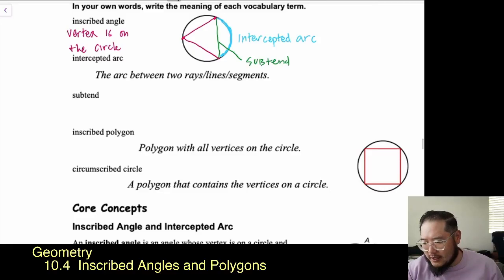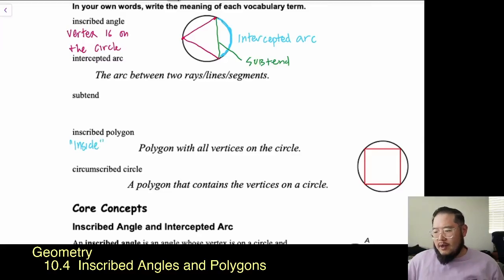If you think inscribed, think inside. Why? Because the polygon is inside of the circle. So that would be an inscribed polygon: the polygon is inside of the circle and the vertices happen to be on the circle as well.